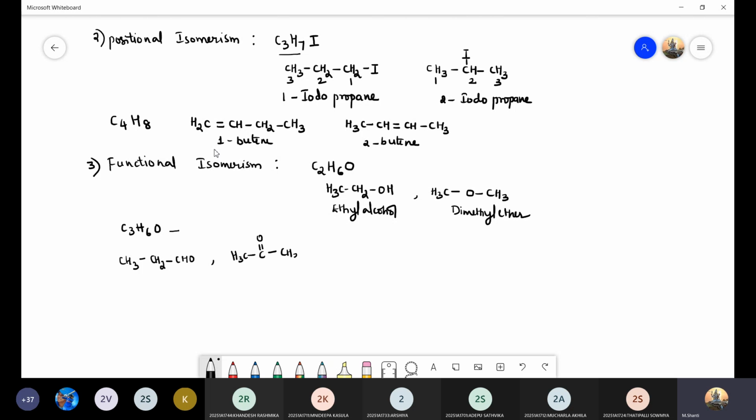C double bond O with CH3. So this is aldehyde, propanaldehyde. This is acetone. Yes or no? Is the molecular formula satisfied? Yeah. Okay, so this is C3H6O.